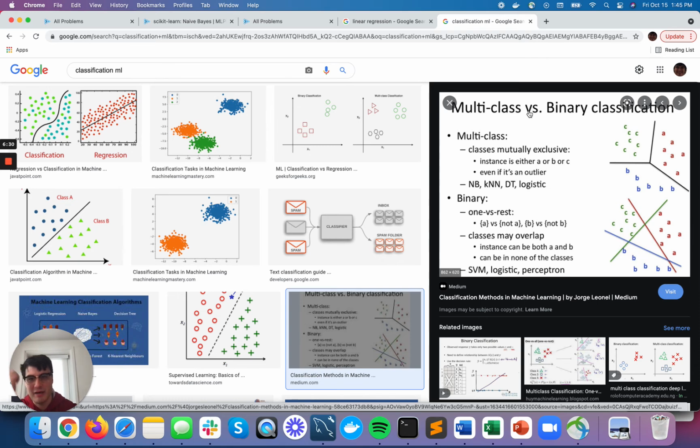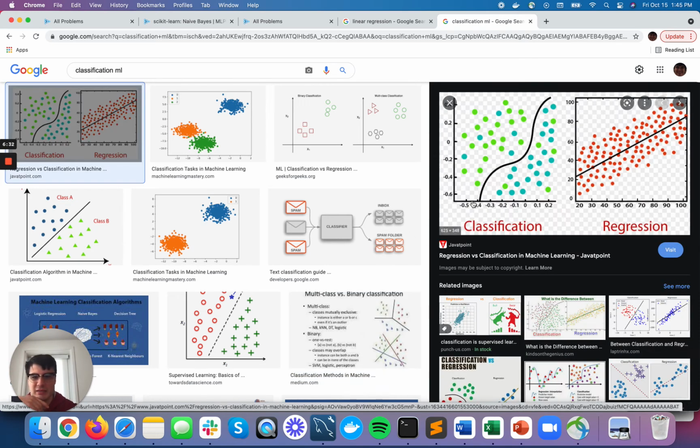So let's say you have on your x-axis the number of likes of a post, y-axis is average amount of time spent on a post, and then these green dots represent the posts that have positive content on them, and the turquoise dots represent the posts that have negative content on them.